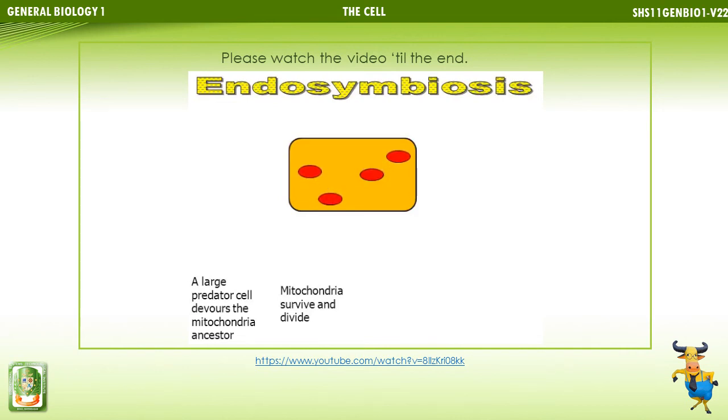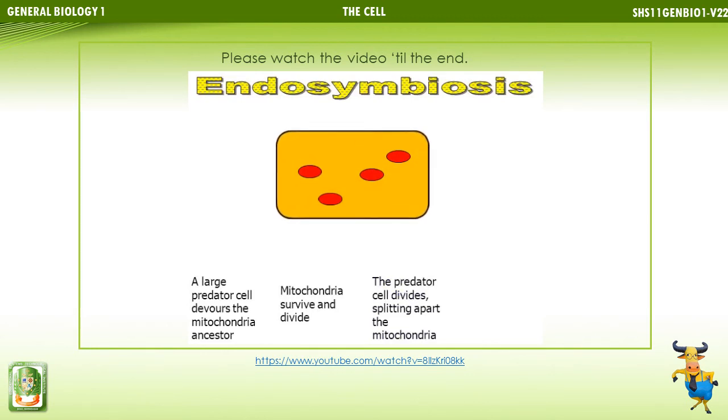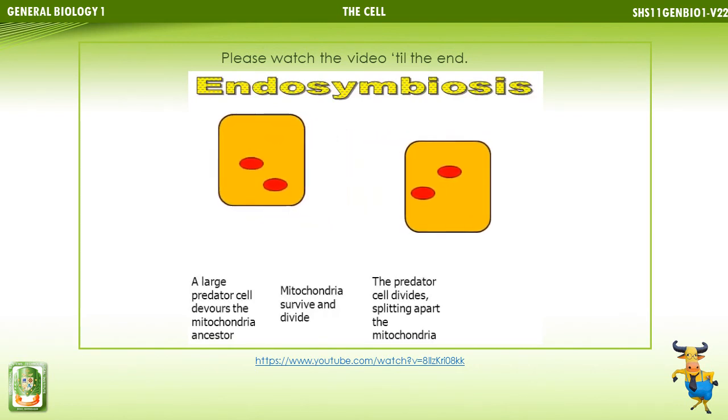Well, as the two go about their lives, the large predator cell eventually is going to multiply and divide as well. And watch this. When cells divide, they often grow, and then they split right down the middle, and now you have two cells with the mitochondria ancestors trapped inside of them. And then the process simply continues.